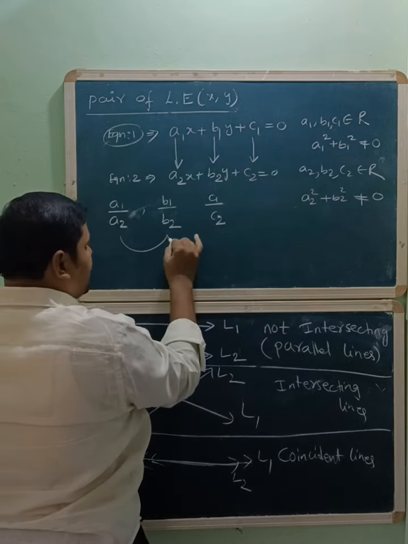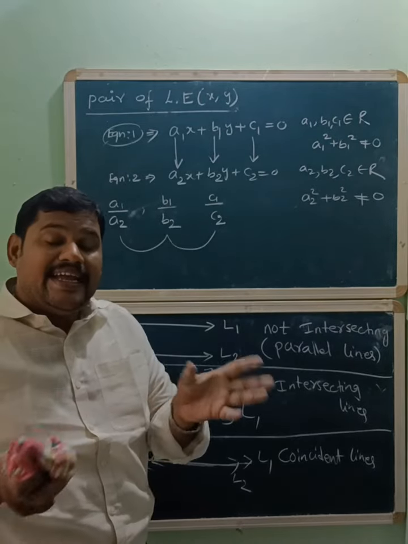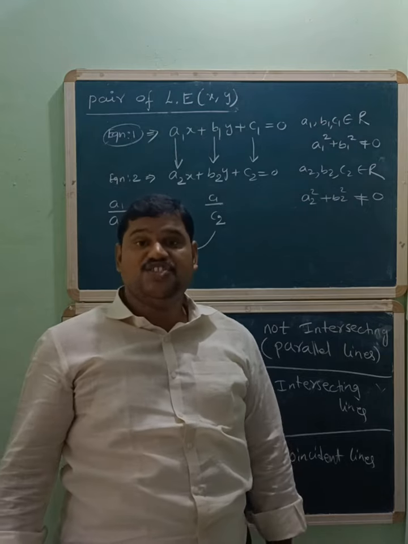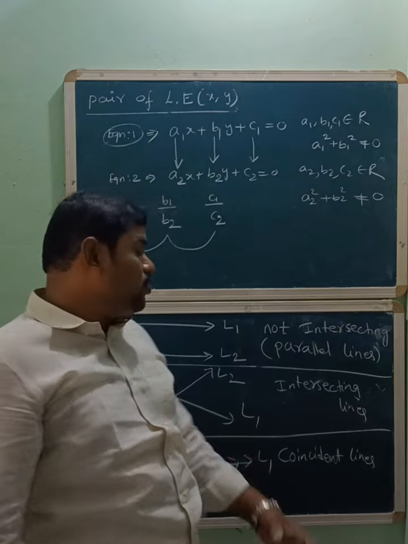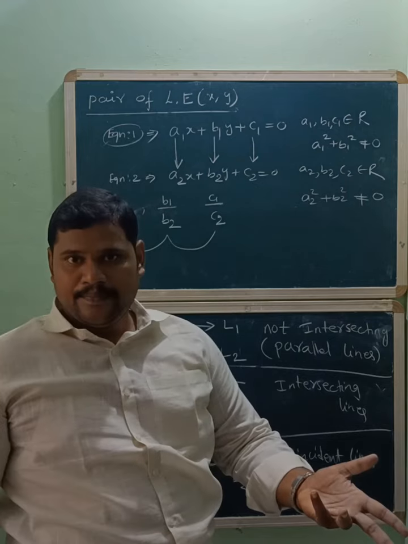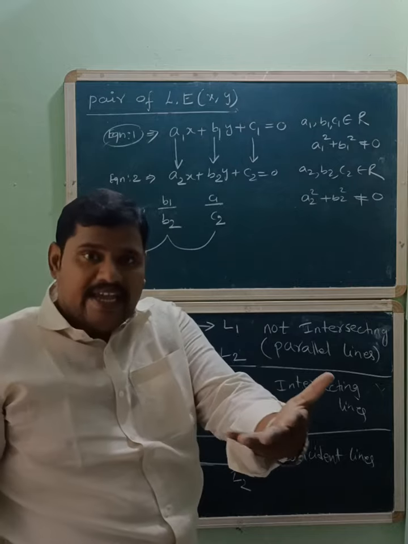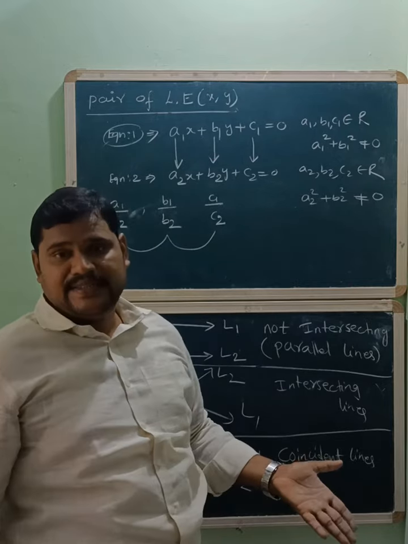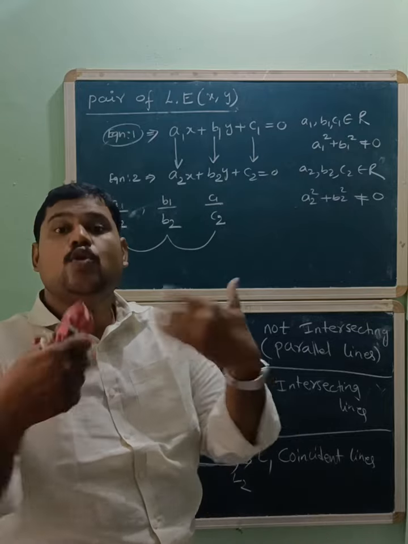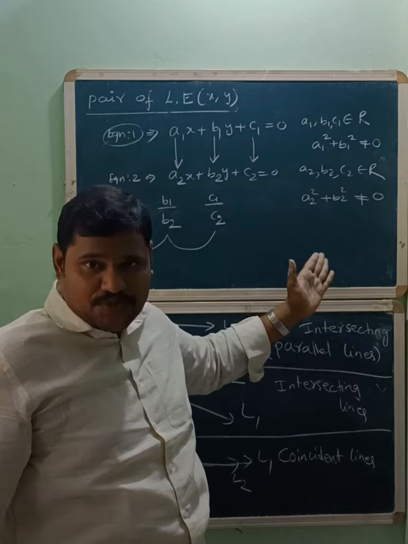By using these three ratios we can discuss these three ways without drawing the lines graphically. We can say which type the lines are: parallel lines, intersecting lines, or coincident lines. How can we say? By using these ratios.